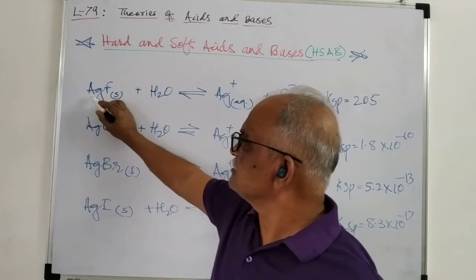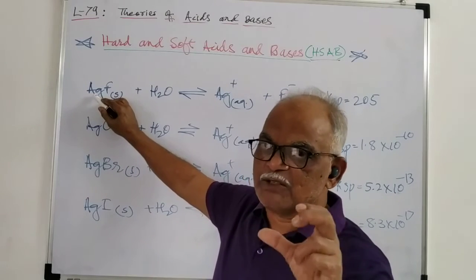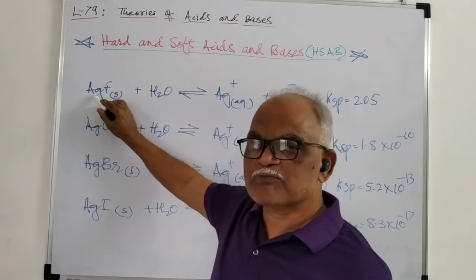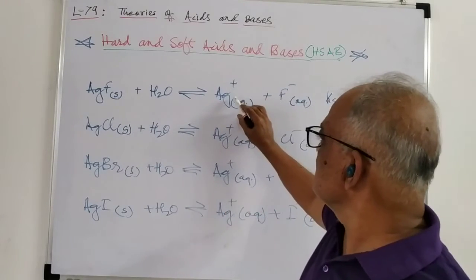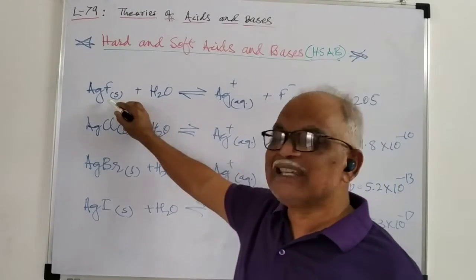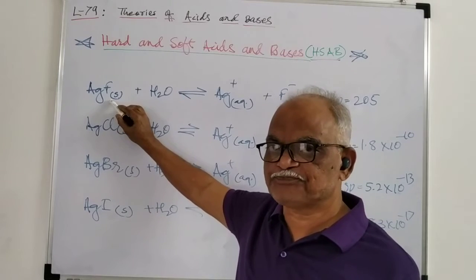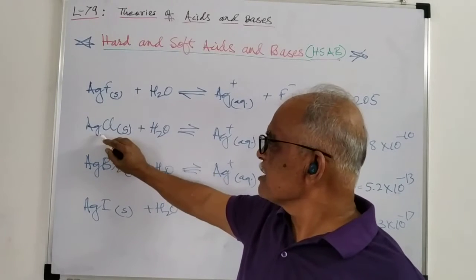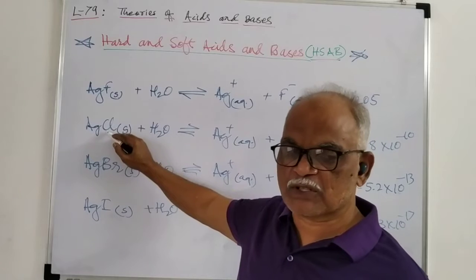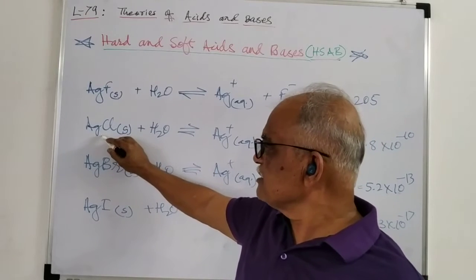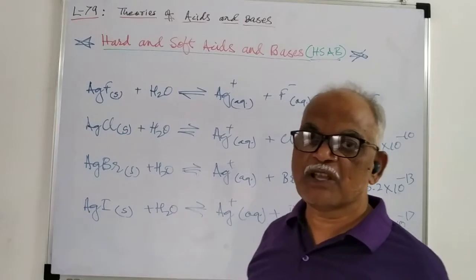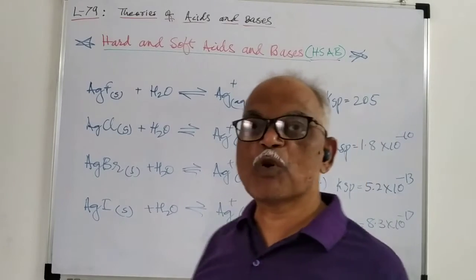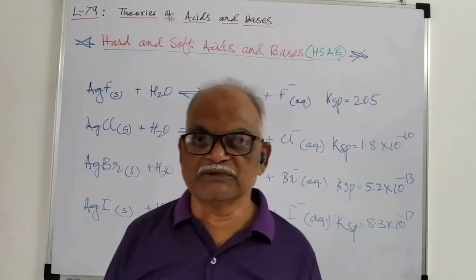But the affinity for binding the two ions Ag+ and F- is least here, compared to other salts. In this case, we can compare that AgI is more strongly bound.